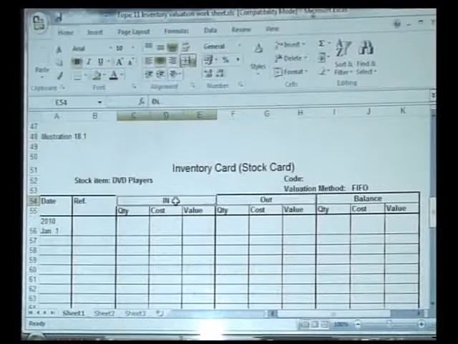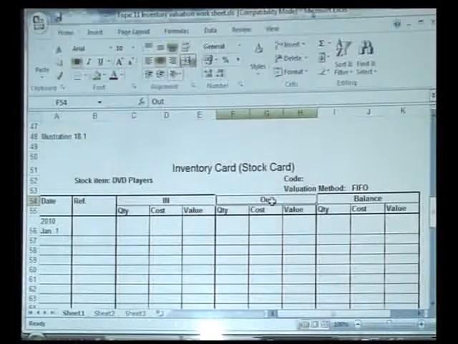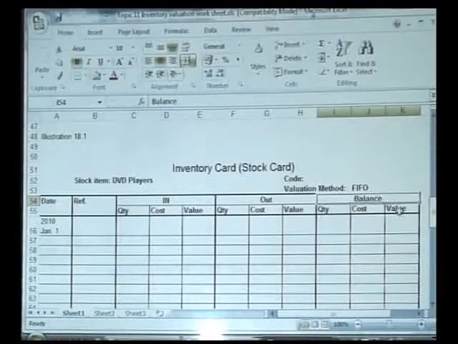In some stock cards, some businesses use receipts instead of in, and some businesses use out or issues. And the final column is to show the balance available.